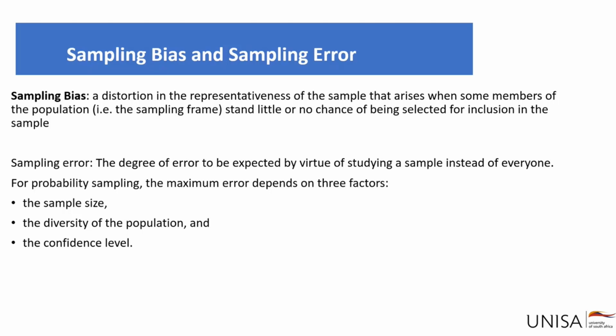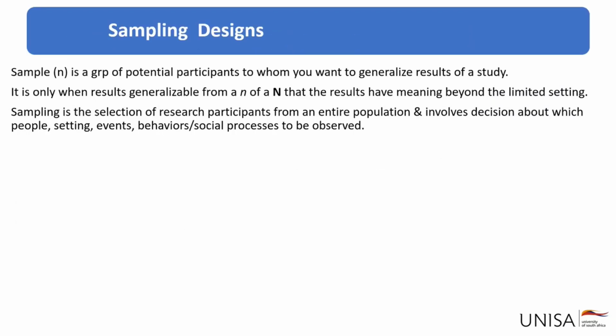Sometimes the population is so diverse that you are not able to deal with its diversity in totality. It's too diverse and you feel that you're not going to chase all the diversity. Then the confidence level. Sometimes, when you go around and collect data, you have your own confidence level as well. Those are just some of the factors that may affect your sampling, and they're part of the sampling error.